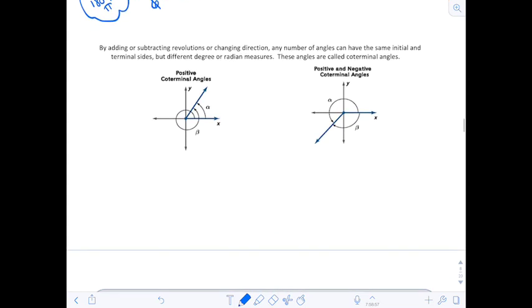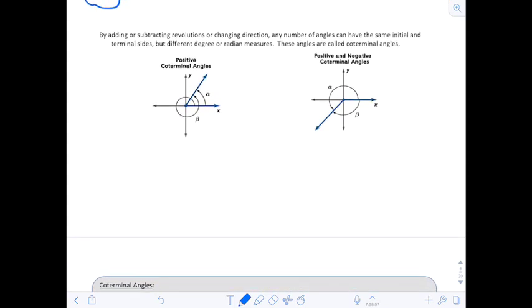So now that we've done some conversions, we're going to look at something called coterminal angles. If you have co-captains on a basketball team or a football team, or co-department chairs, that means you have more than one.